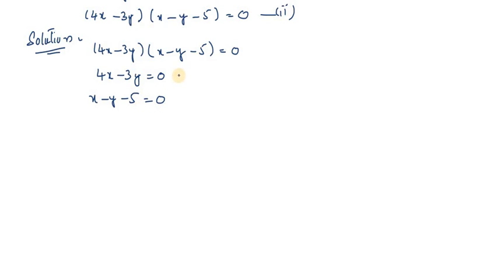So this implies 4x is equal to 3y, implies x is equal to 3y upon 4. And from here x is equal to 5 plus y.